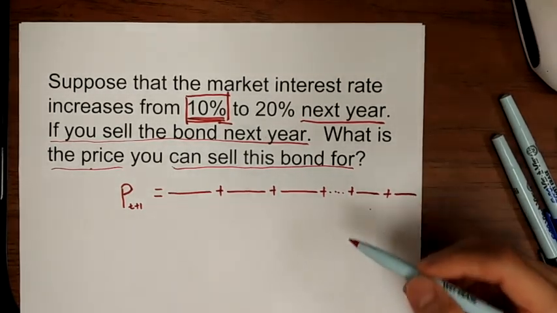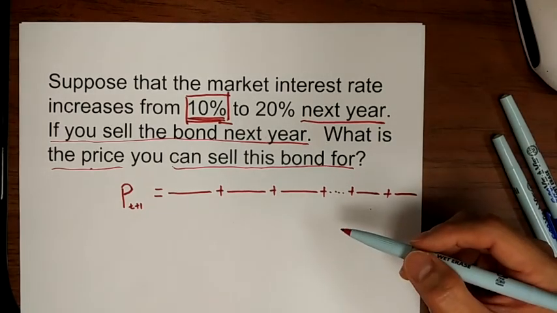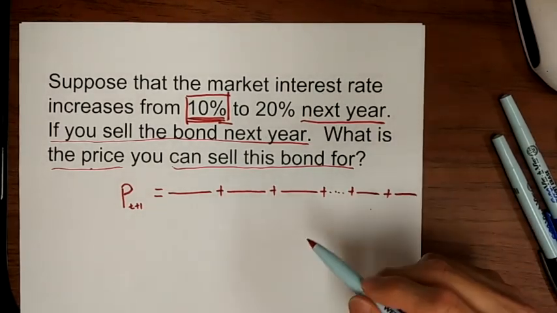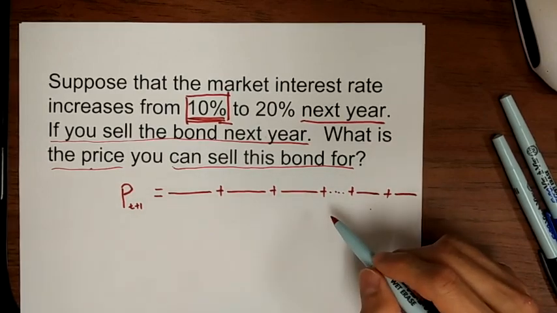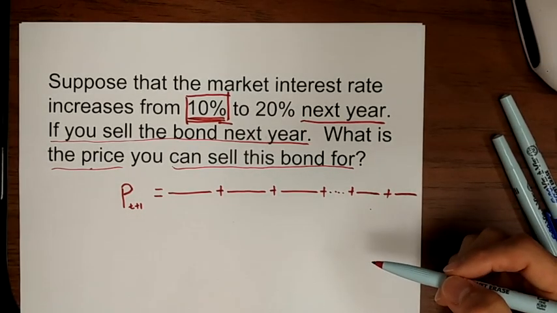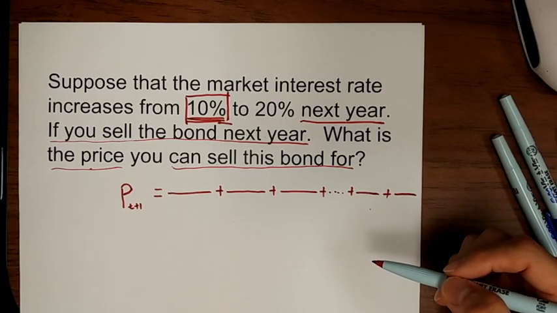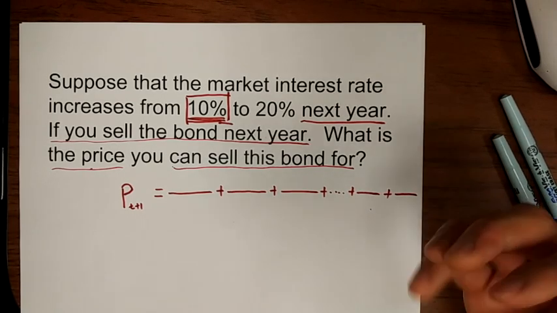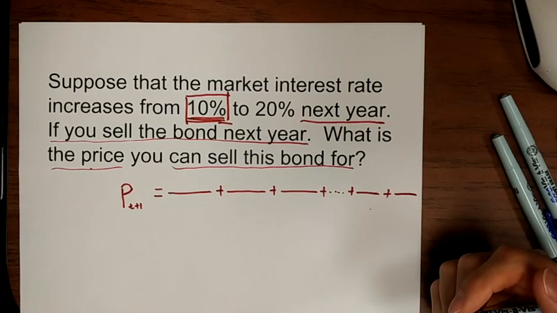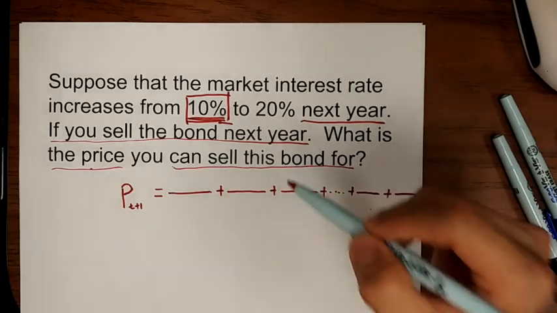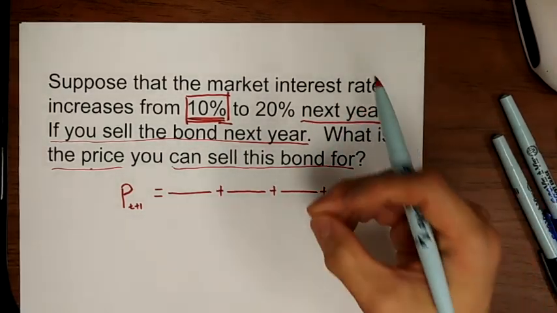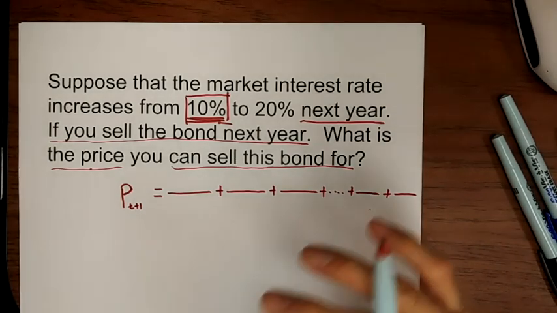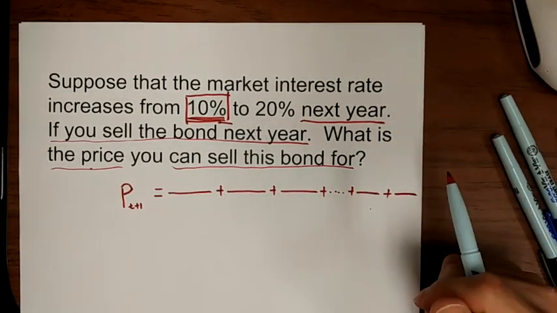Next year, how many coupons will this bond have at this time? The answer is there will be only 9 coupons, because this is a 10-year bond, and you sell this bond next year. You take 1 coupon out, so there are 9 coupons left.